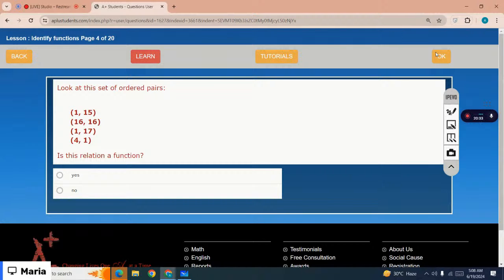The correct option is no. The relation is not a function.